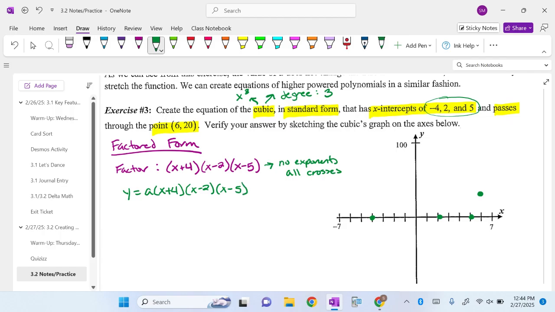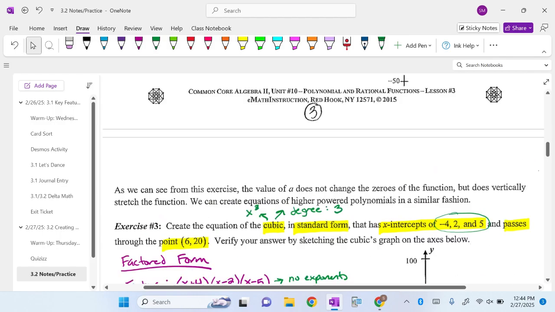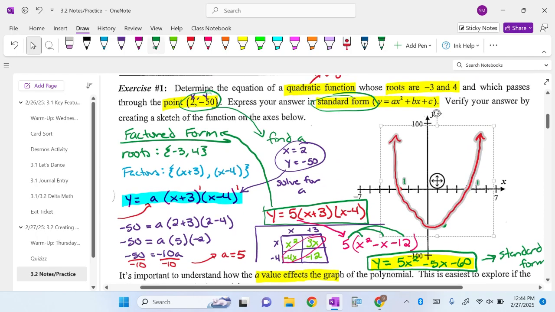Now we need to solve for a. What do I do to solve for a? Let's go with testing. Blake, what do I need to do to solve for a? What did I use in the first example? Up here, what did I use to find the a value?